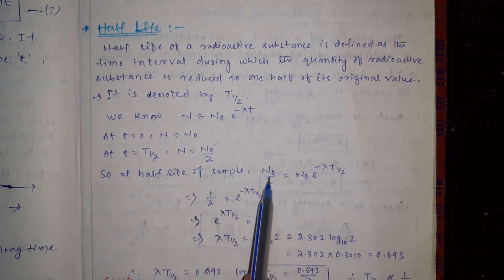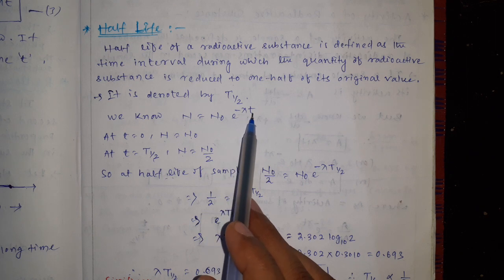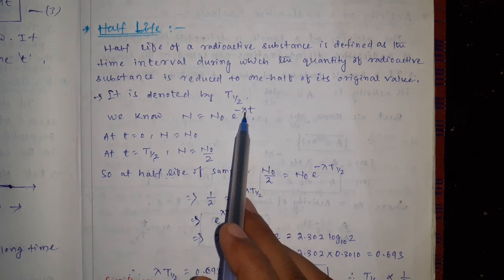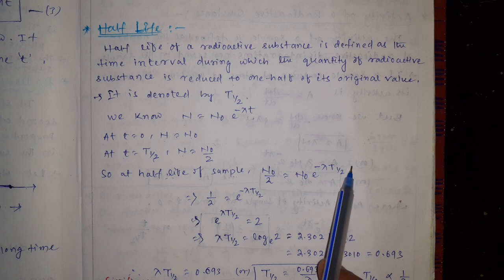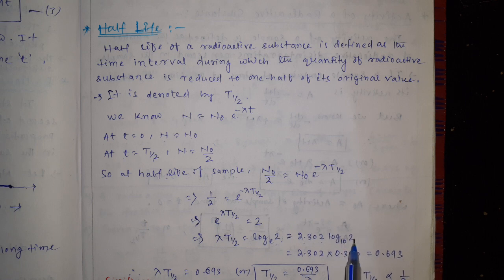Just use this formula. Put N equals N0 by 2, and N0 stays N0, with e to the power minus lambda t. In place of t, we put T half, which refers to the half life of the substance. Doing the usual calculations, N0 cancels and we get half equals e to the power minus lambda T half. From this, lambda T half equals log e 2, which is 2.302 log base 10 of 2.